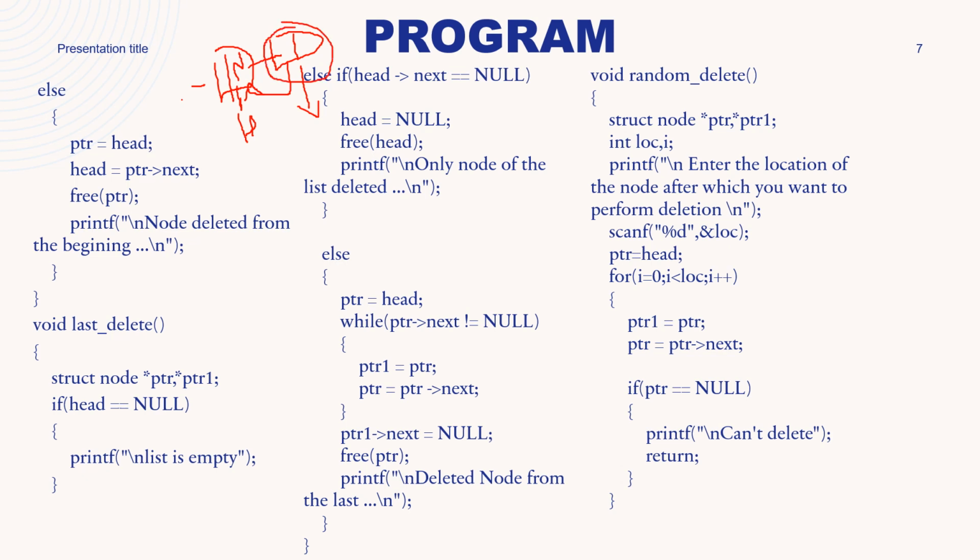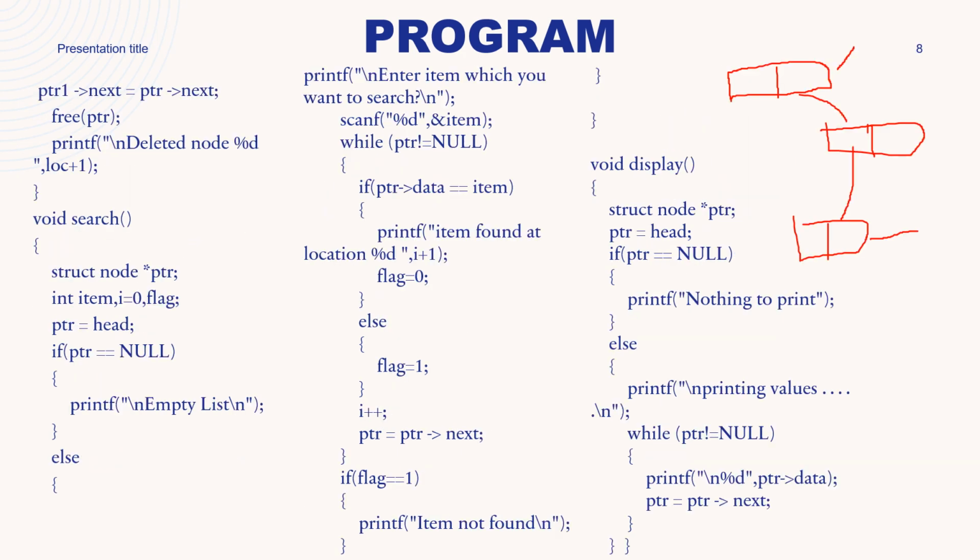Okay, and random delete is mostly similar to random insert; we need to check its next pointer. Suppose this is the existing list, and the user wants to delete the second node. We traverse until that particular location is found, and we assign two pointers, one for the previous node and one for the next node.